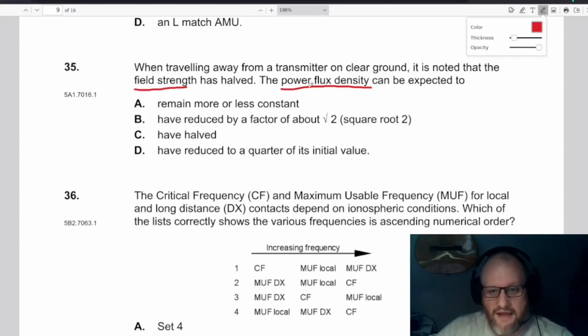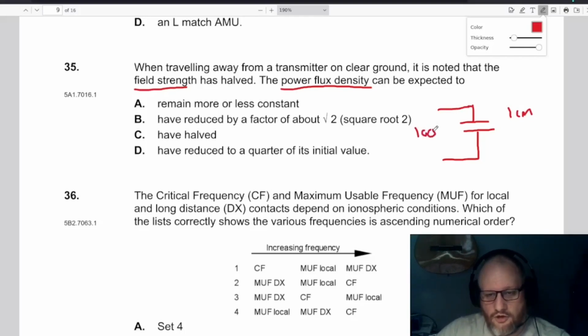To put that into practical terms, imagine we have a capacitor with two plates, and those plates are, let's say, 1 centimeter apart, or 1/100th of a meter, and we apply to that capacitor 100 volts. So how would we calculate the strength of the field that exists between these two plates?